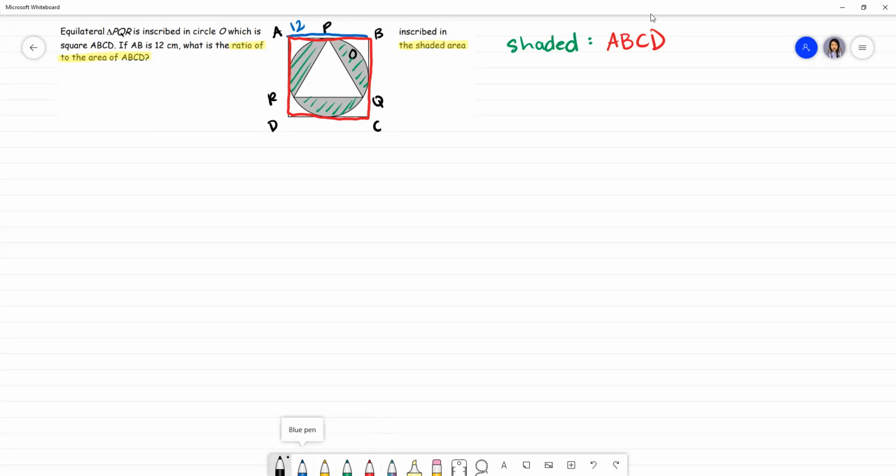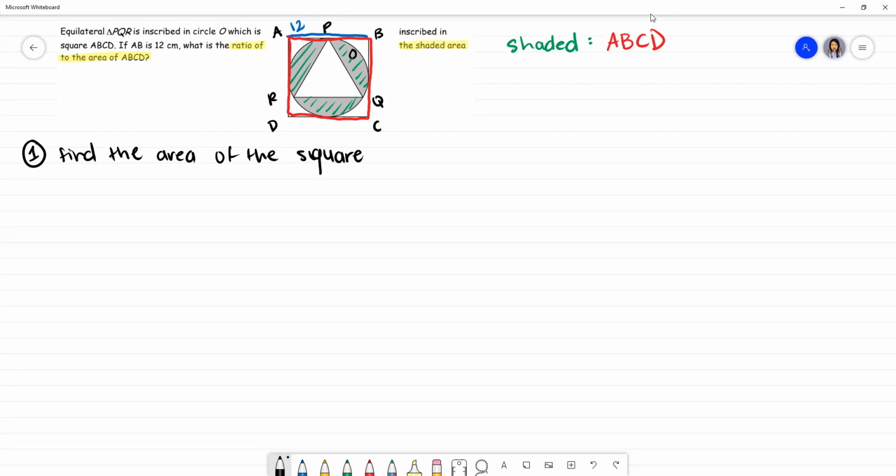So what we could first start off with, step 1, is to find the area of the square. I'm going to make these steps so it's a little easier to follow through because this problem is a little trickier.